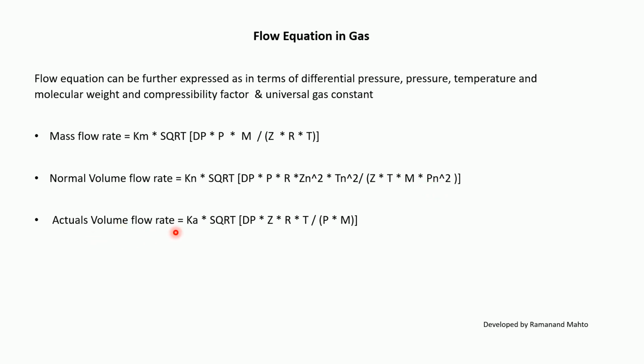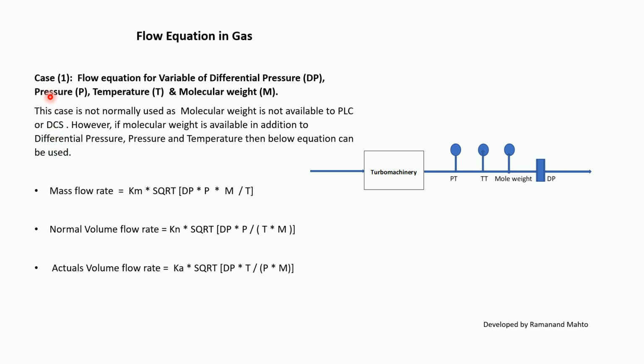And actual volumetric flow rate is Ka into square root of dP into Z into R into T upon P into M. These are again the equations in terms of pressure, differential pressure, temperature, mole weight and compressibility factor. Now we have considered three cases.